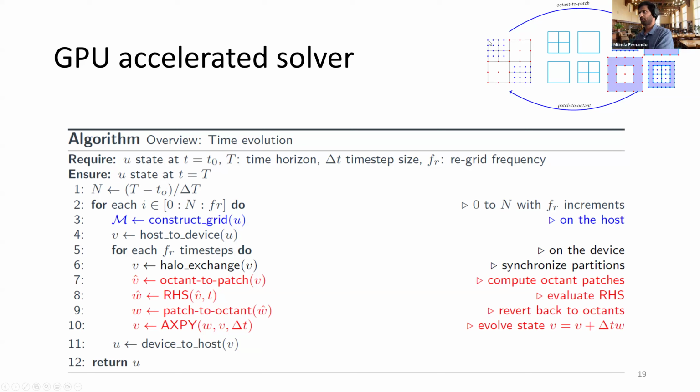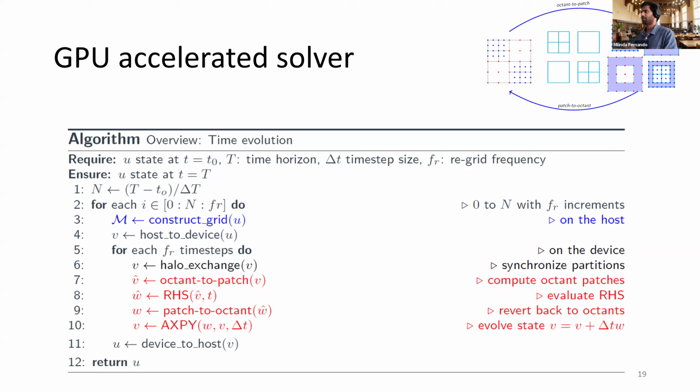The octant to patch representation is basically where we go from the octree representation to a buffered one, where each element gets a buffered region for evaluating the derivatives using finite difference schemes. The right hand side is the BSSN right hand side evaluation.